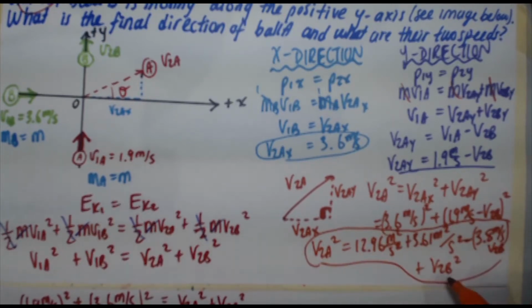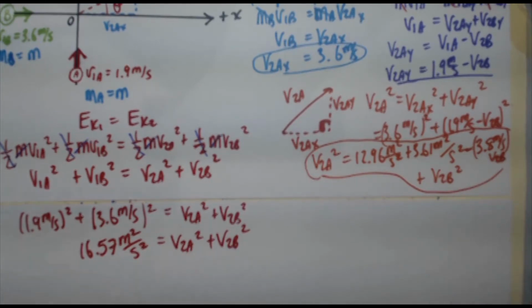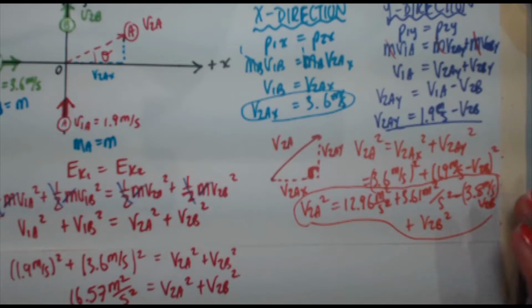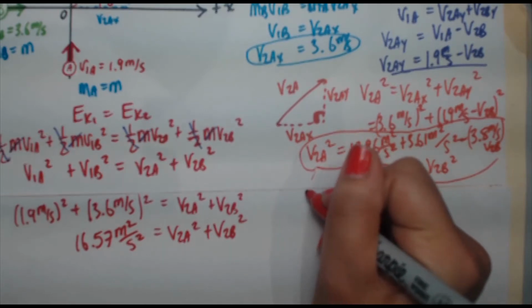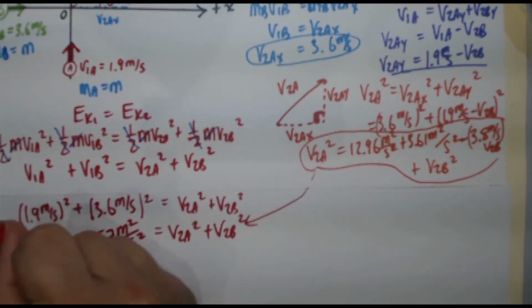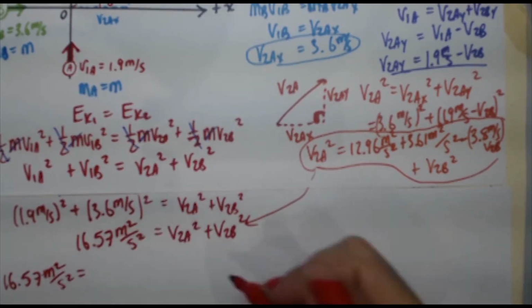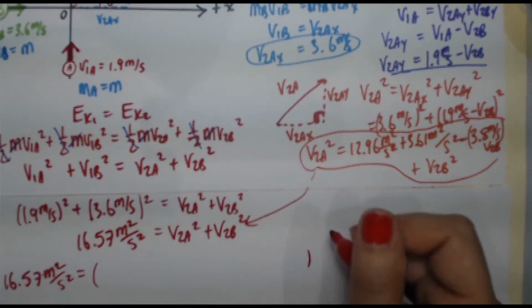We're going to use that down here when I'm plugging in v2a squared, okay? Because now I have an expression for v2a in terms of v2b. Even if it's squared, that's okay. I can always handle the powers later. Okay, so now if I plug this thing into here, we have our 16.52 meters squared per second squared equals v2a squared, this huge long blurb, plus v2b squared.